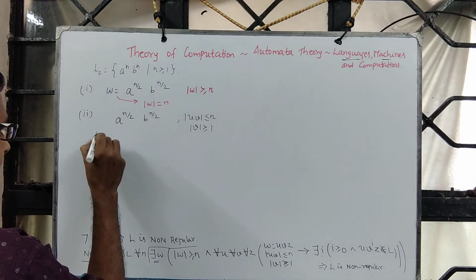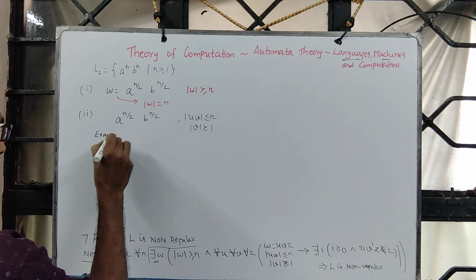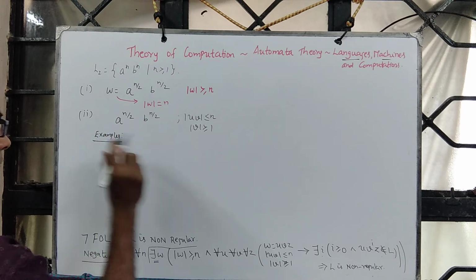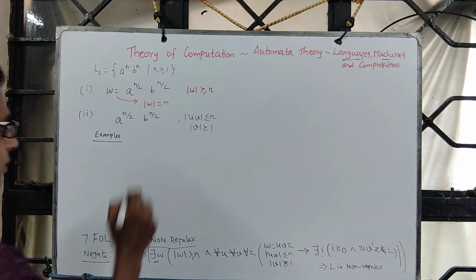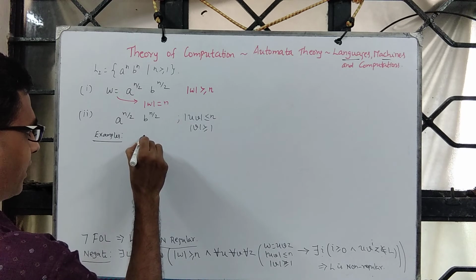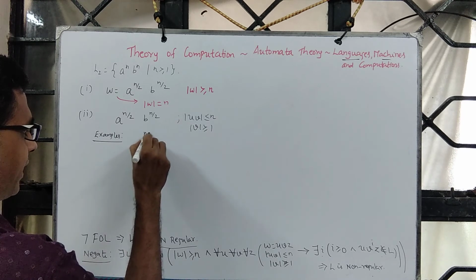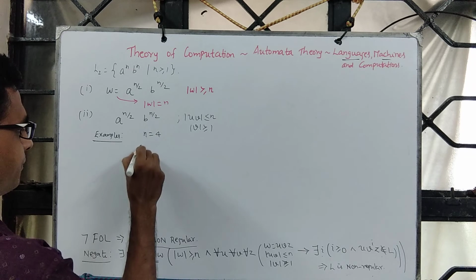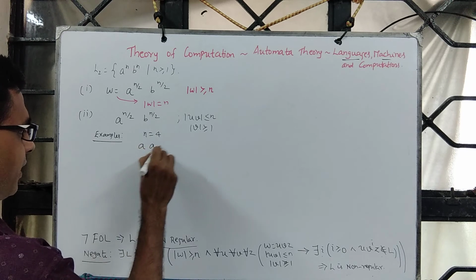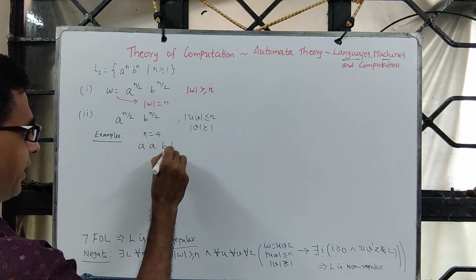I am only giving you an example because one has to prove for any decomposition. For example, we take say n to be 4, then we have AA followed by BB.